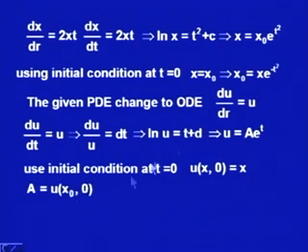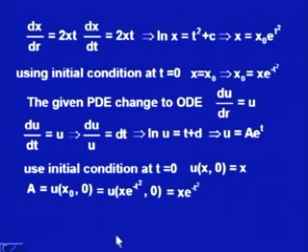So, use it, a would be u at x naught comma 0, x naught is nothing but x times e to the power minus t square. So, it would be u of x e to the power minus t square, 0, which is given as x. So, it should be x times e to the power minus t square.